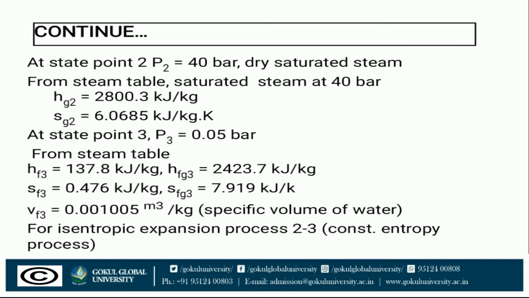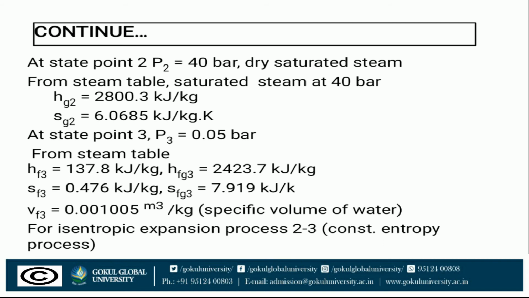Sf3, the entropy of fluid at point 3, is equal to 0.476 kilojoule per kg Kelvin. Sfg3 is equal to 7.919 kilojoule per kg Kelvin. Vf3, the specific volume of fluid at point number 3, is 0.001005 meter cube per kg. It is considered the specific volume of water.